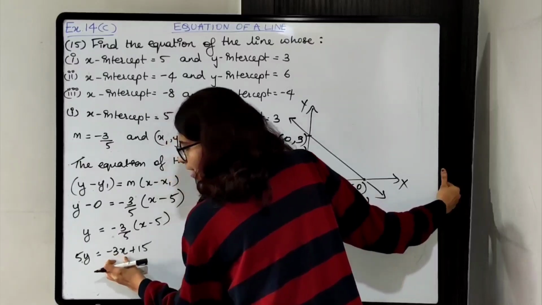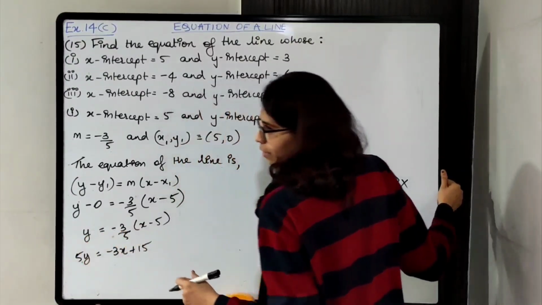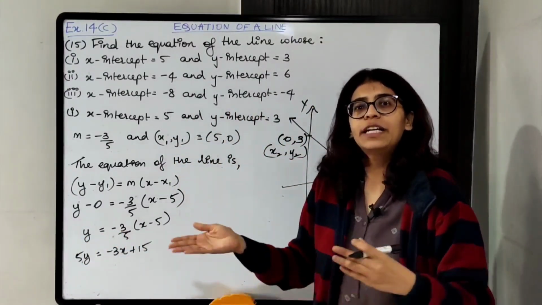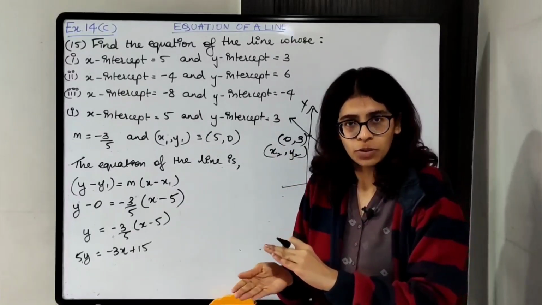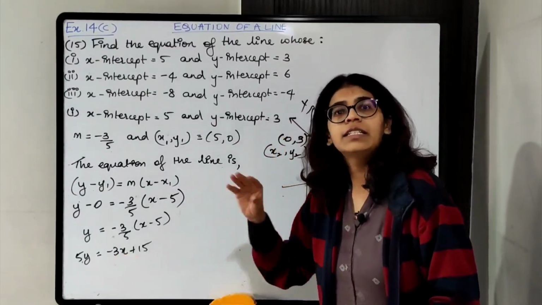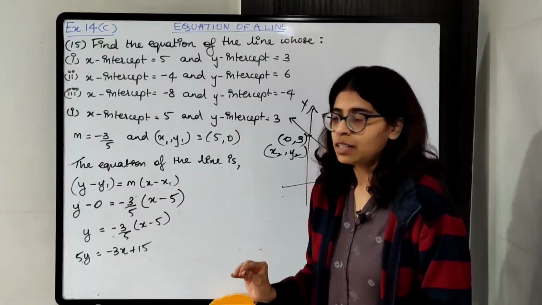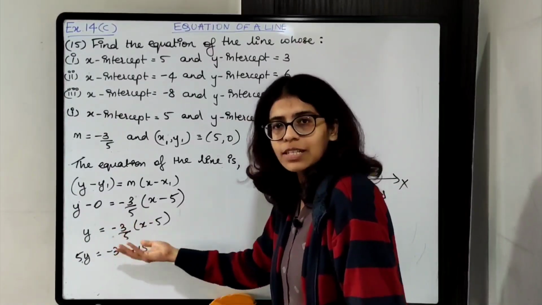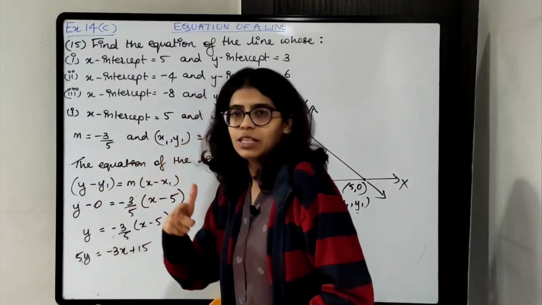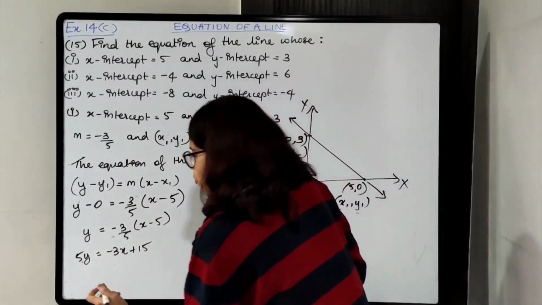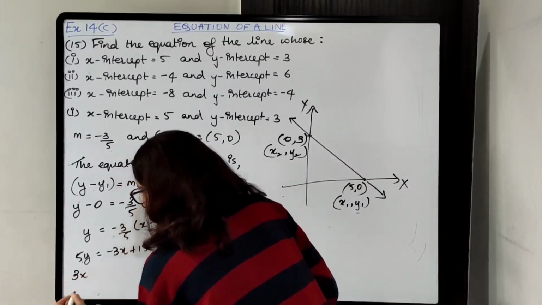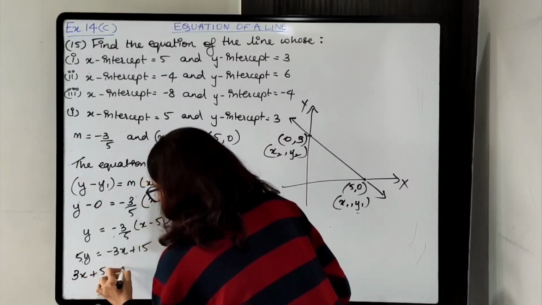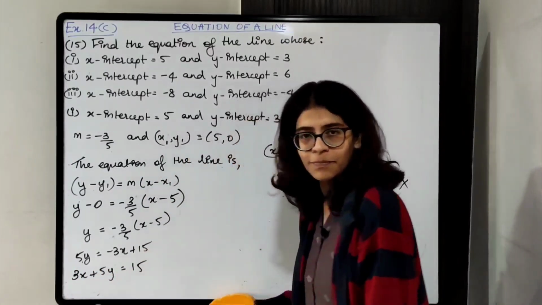So 3x is negative. Let's shift this over here. Whenever you're getting x negative, it's better that you group x and y together. You can keep it this way also. It's correct. It's totally correct. But whenever x is negative, it is better that you shift minus 3x over here. So 3x will be positive plus 5y as it is equals to 15.